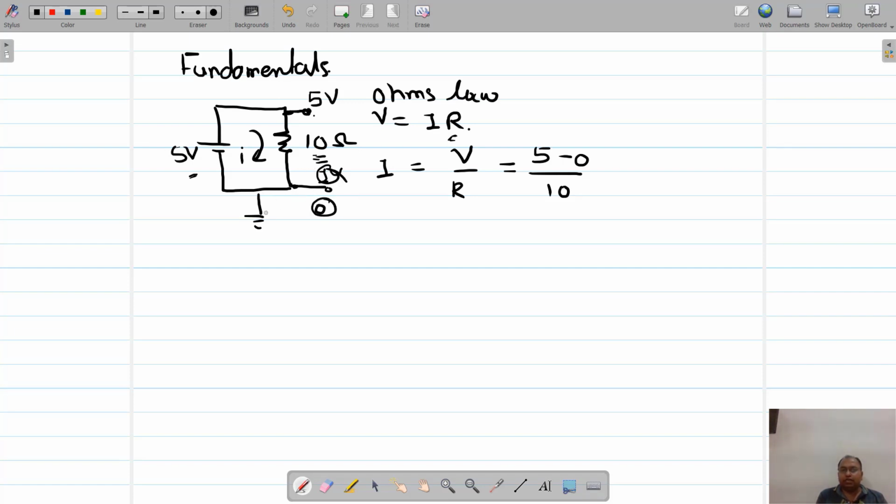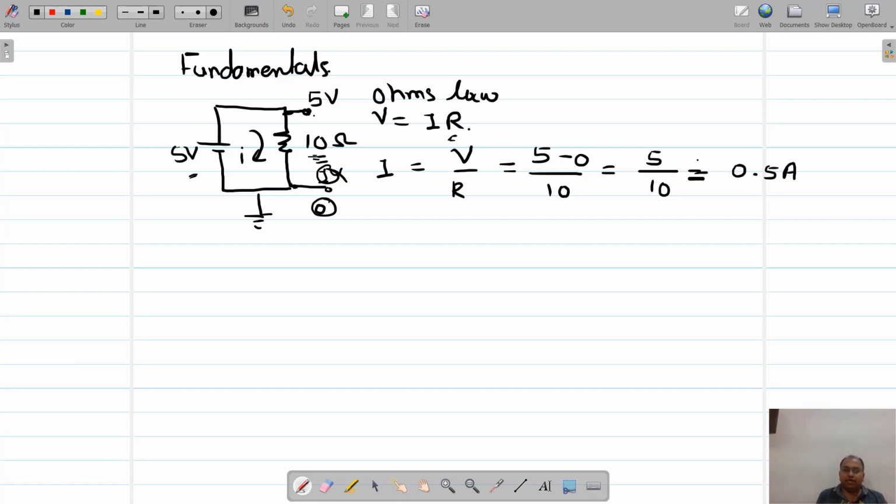This resistor is directly connected between the 5 volt and ground, so the voltage across it is 5, divided by the resistor, and we get a current of 0.5 ampere.